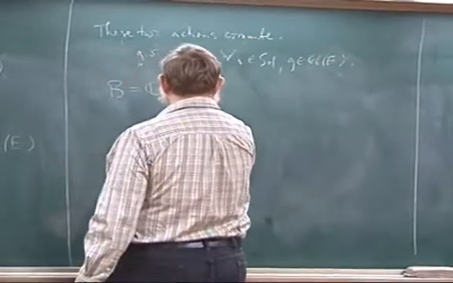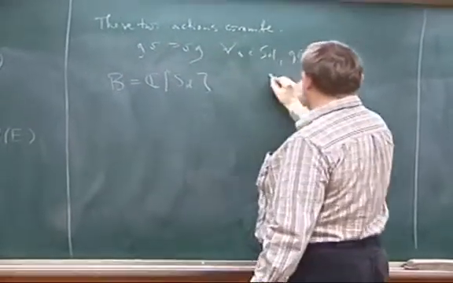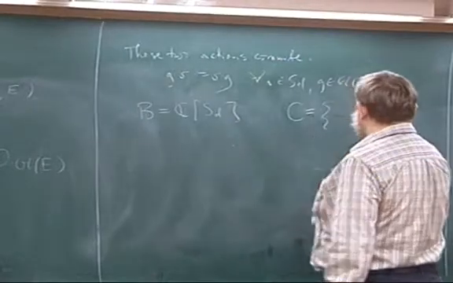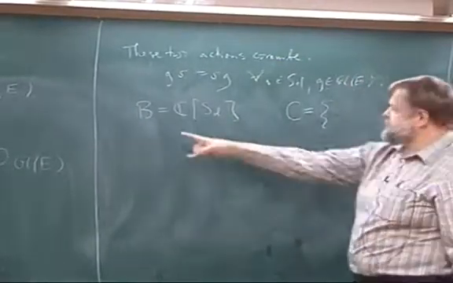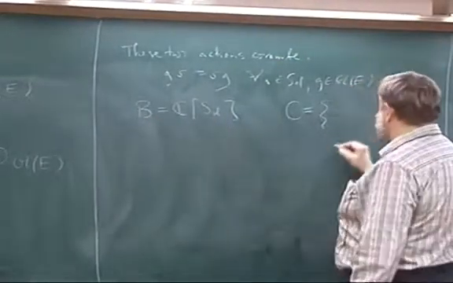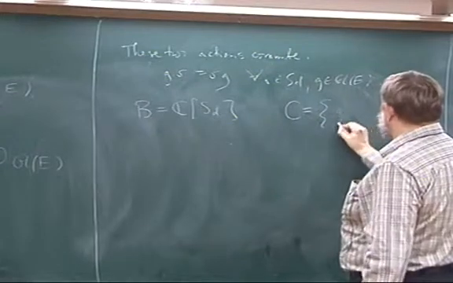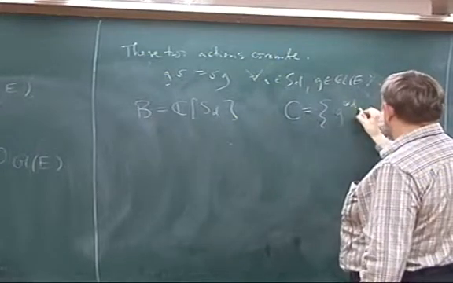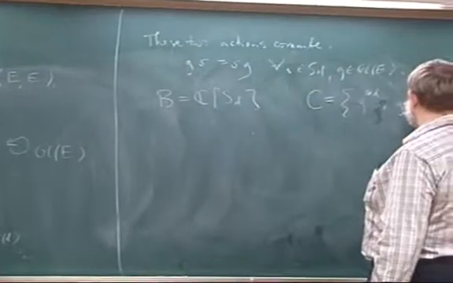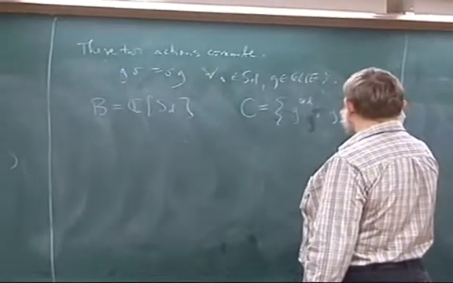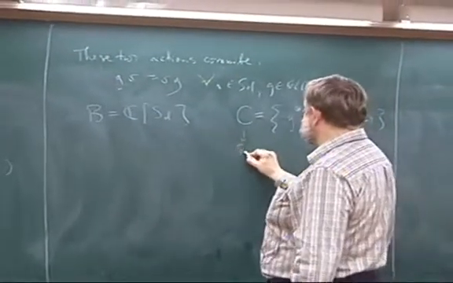the group ring of S_D, and then the span of all g tensor D, where g is in GL(E), linear span, and this is called the Schur algebra.